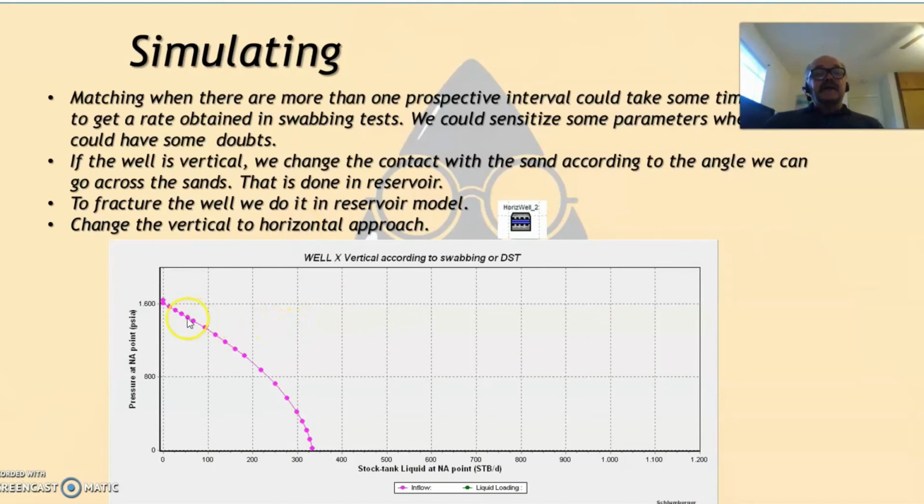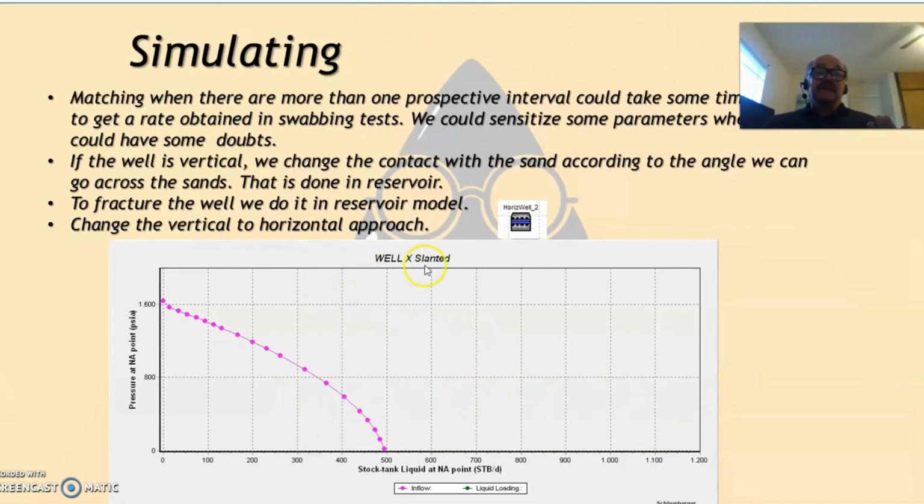This could be the case. This is a real case for sure, and this is a case where it's just the vertical well from the swabbing test. That's what we get, and from here, after we match the well, we start sensitizing.